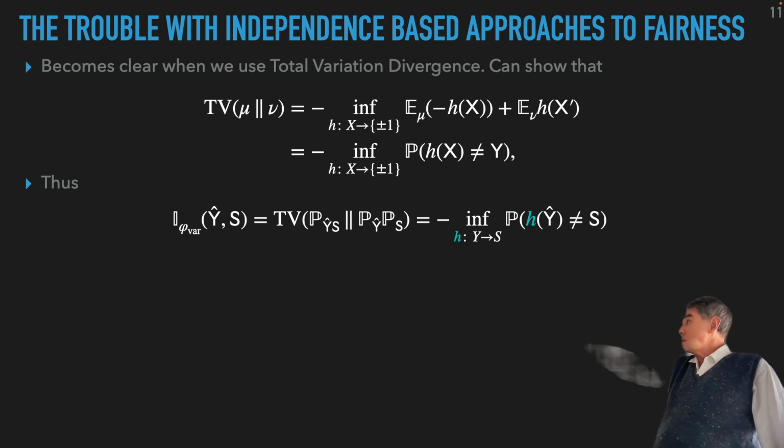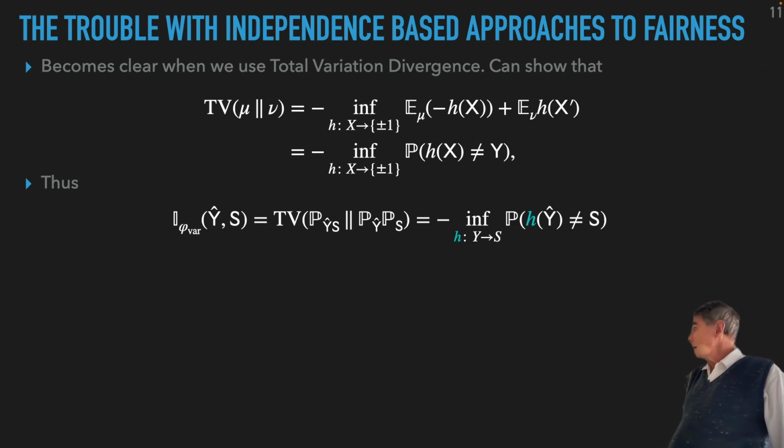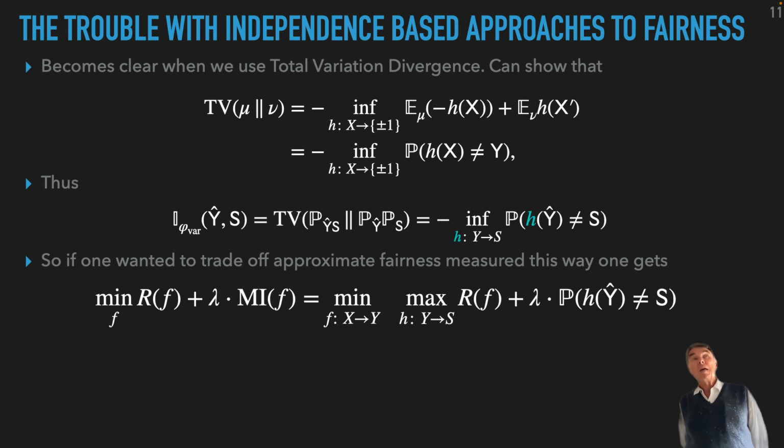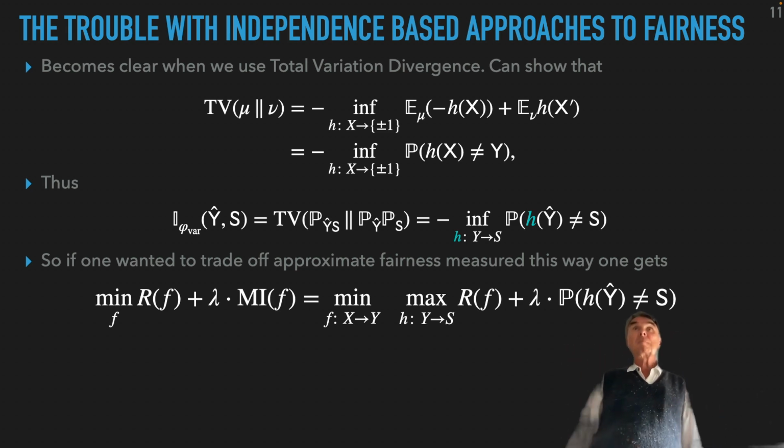So what that means is that when you plug it into the mutual information that we demand, you've got this inf over the h. So if you wanted to trade off approximate fairness measured in this way, like we did last week, where you've got some existing risk functional plus this penalty, you've now got this yucky min-max problem.